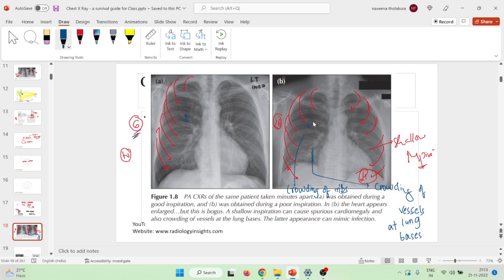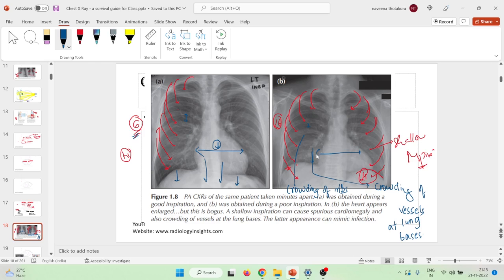In full inspiration the diaphragm is pulled down, so even the heart is pulled down, so the heart size is a little smaller transversely. But in shallow inspiration, the pull of the heart by the diaphragm downwards is not present.